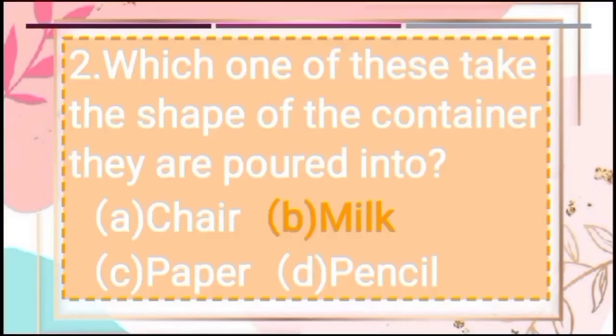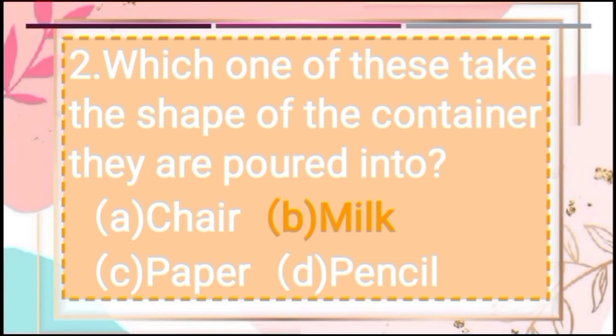Now let's see second MCQ. Which one of these takes the shape of the container it is poured into? Option A, chair. Option B, milk. Option C, paper. And option D, pencil.